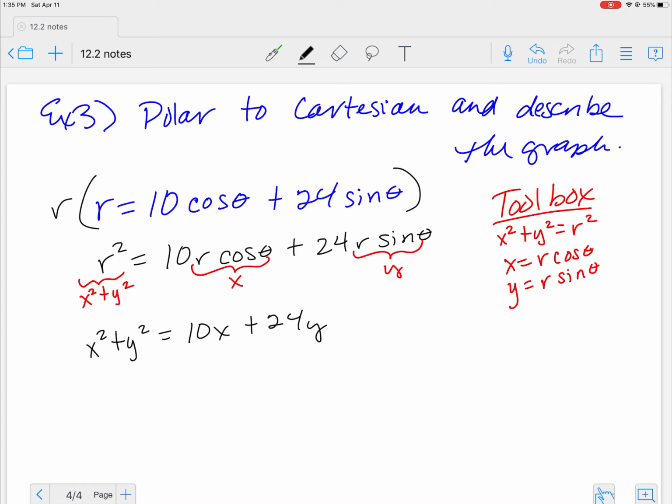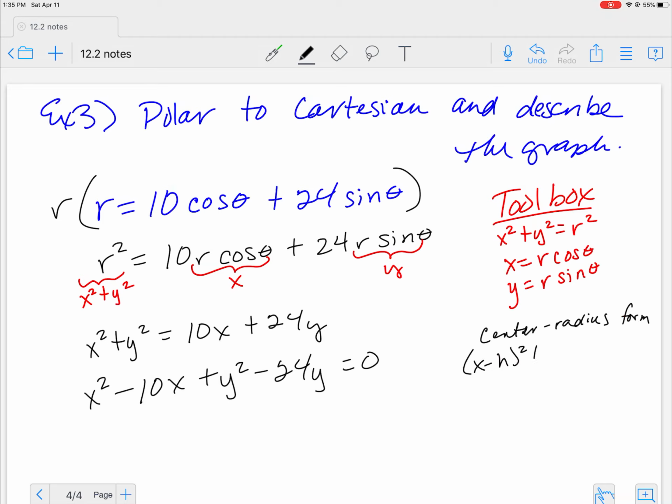Especially with everything being so squared out. You want to set this equal to 0, and we're going to complete the square. So combine your x's together. So I have x squared minus 10x plus y squared minus 24y equals 0. When I'm looking at this, you want to put this into center radius form.